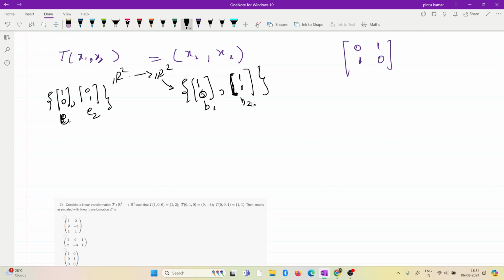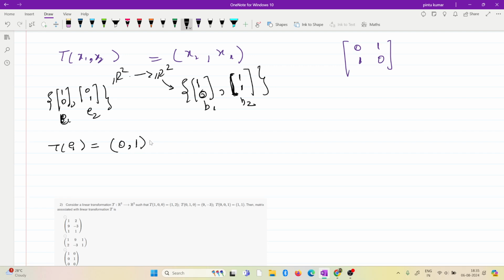Now, how do you obtain the matrix with respect to some other basis? Again, we will do the same thing. T of E1, if you write it normally in terms of the standard basis, is nothing but 0, comma 1.